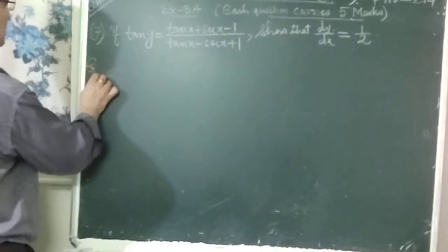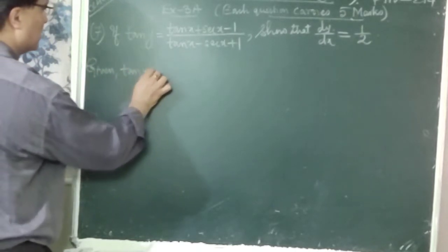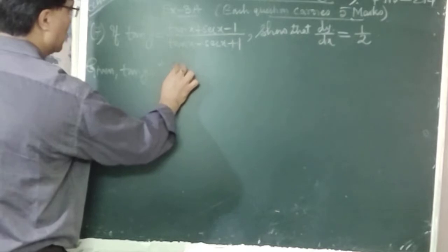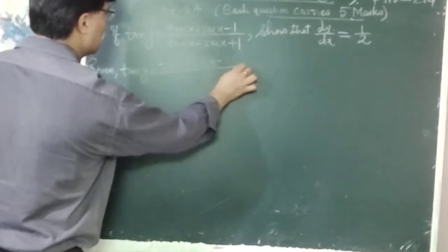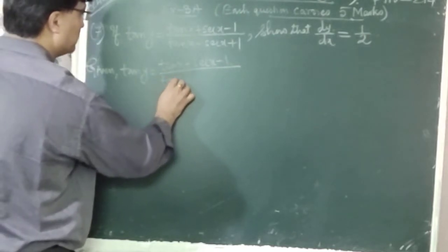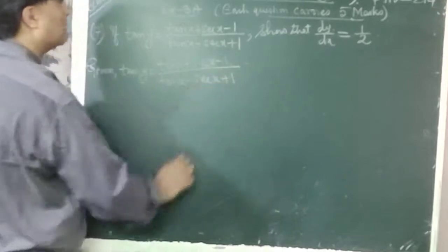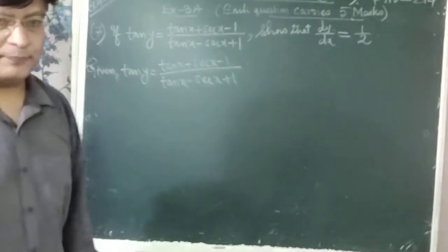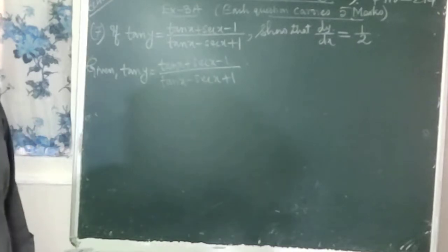That is, here given is tan y is equal to tan x plus sec x minus 1 divided by tan x minus sec x plus 1. Now let us simplify it further. You know tan x and sec x, you can write it in terms of sine and cos.